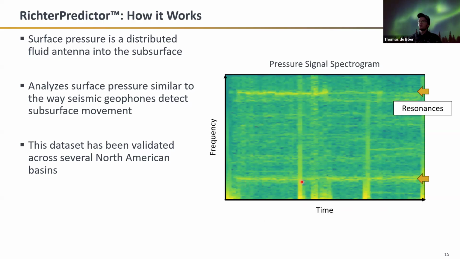We can see that there are resonant signals that appear. So we have this high concentration of energy. And as we change our completions, we can see that those resonant behaviors change. And so we're able to analyze, extract, and understand how these energy signatures change, how the acoustic response of our pressure is changing. And we can use that to infer subsurface deformation.